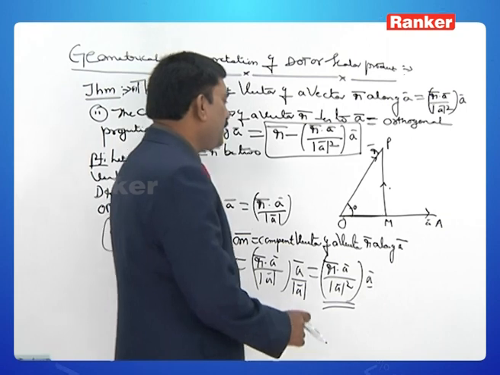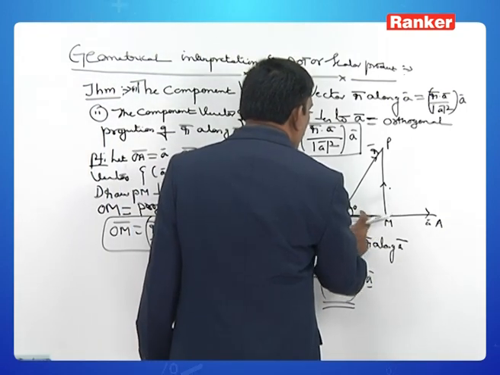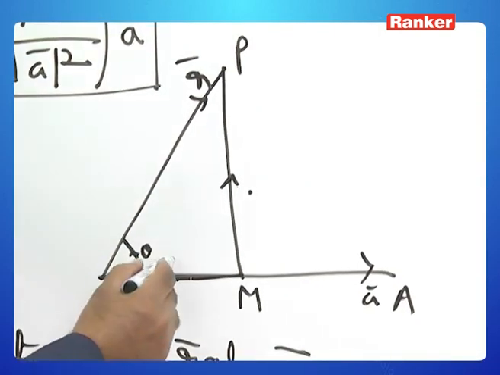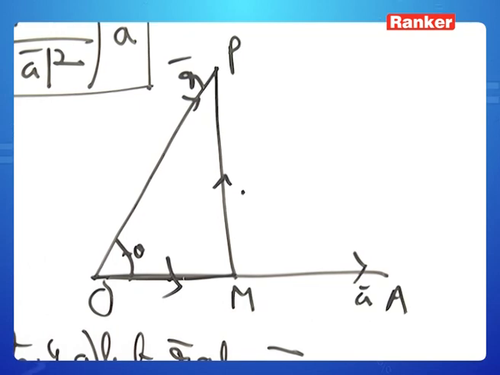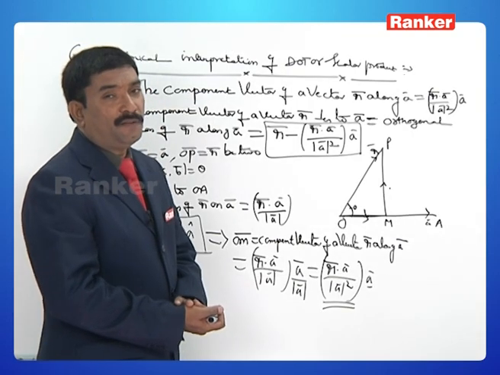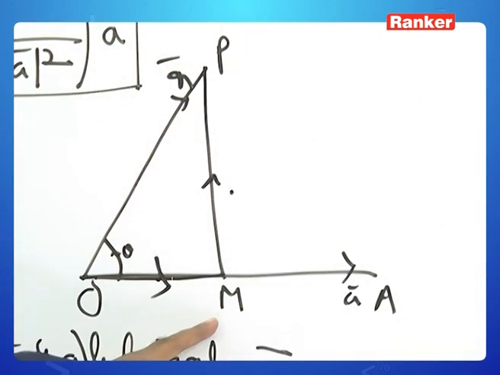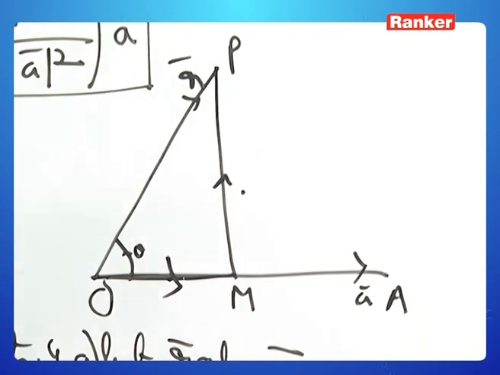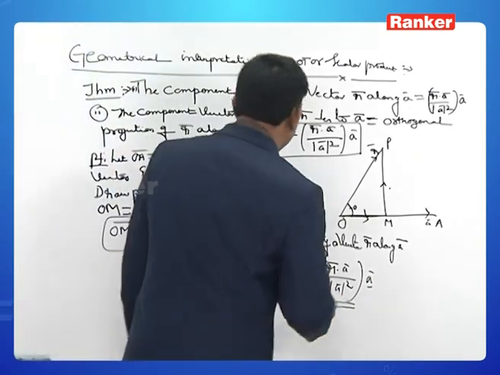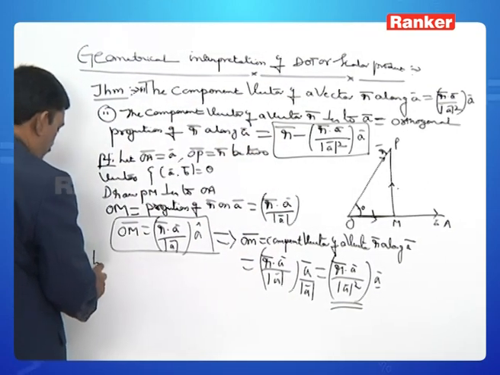So now I got OM, the component vector of a vector R bar along A bar. Next, the component vector of a vector R bar perpendicular to A bar means MP bar.